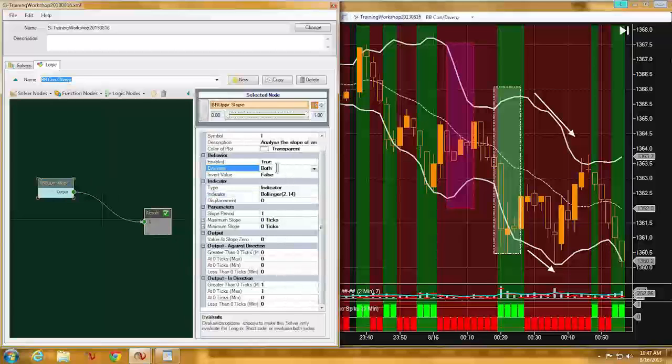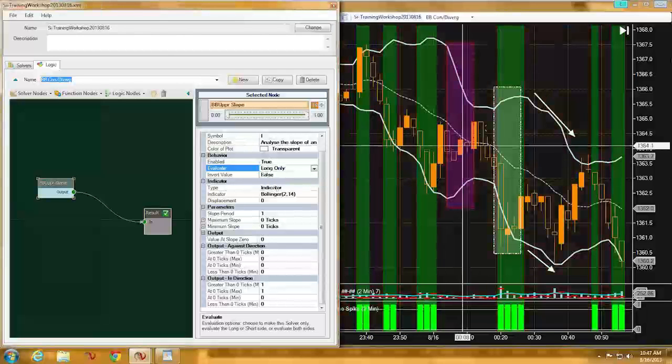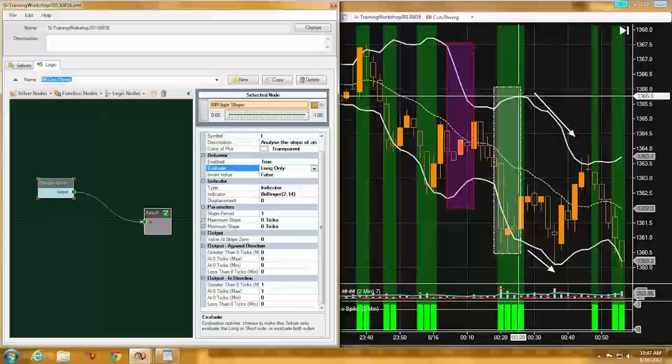And so what I'm going to have to do, let's see here. Yeah, I believe I need to change the evaluate to long only, because we're only interested in an upward slope.